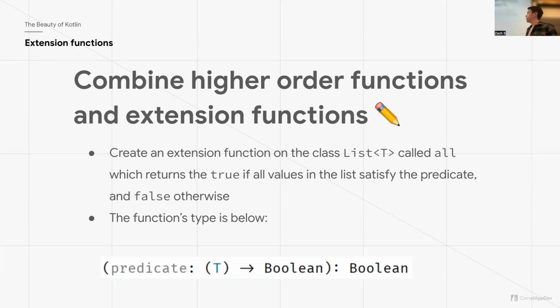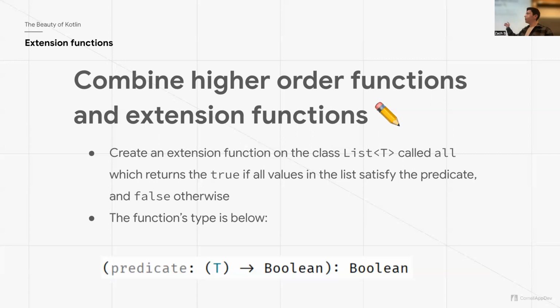So we're going to create an extension function on the class list of T. And remember, there's a special thing you have to do with the syntax when you have a parameterized type. And this extension function is going to be called all, and it will return true if all values satisfy the predicate function, which the user passes in, and it will return false otherwise.